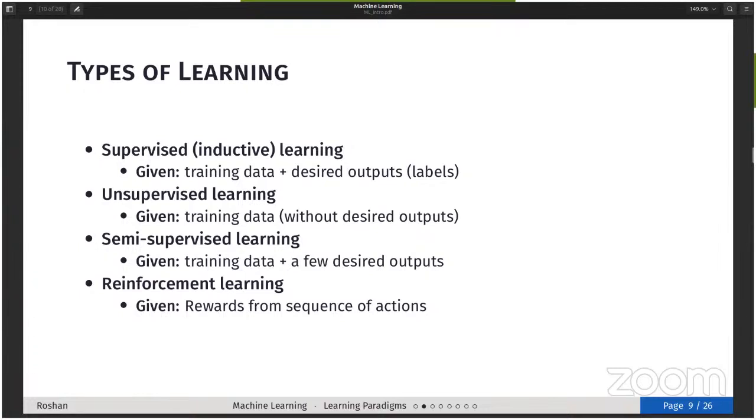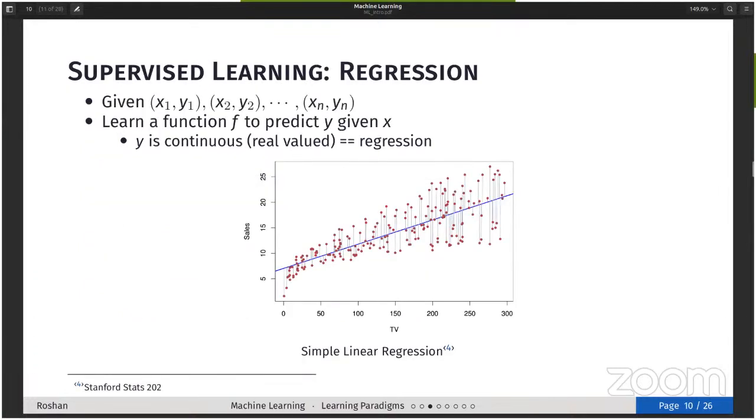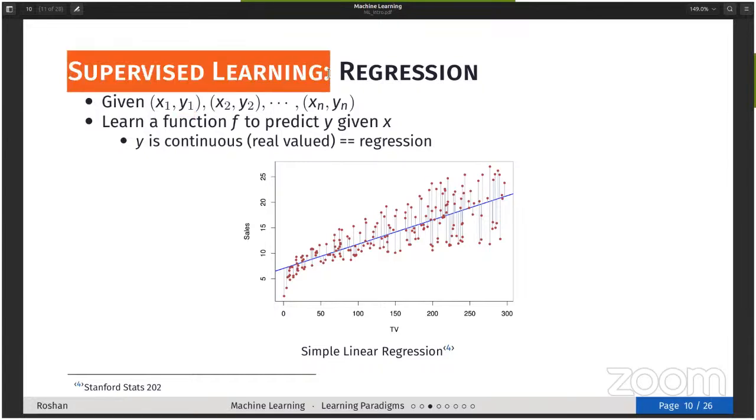Okay. First one is supervised learning, and in that it's regression. So we have X1. This is your training data. Y is continuous, it's not, you have real valued numbers. And you have these pairs. Each data point is associated with a label. So that's what the definition of supervised learning is.